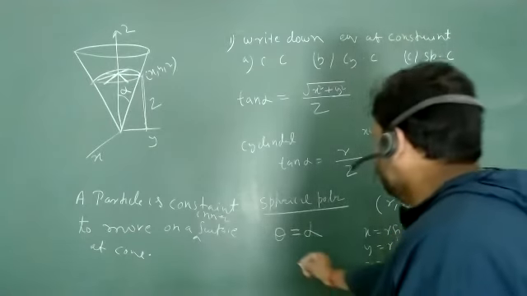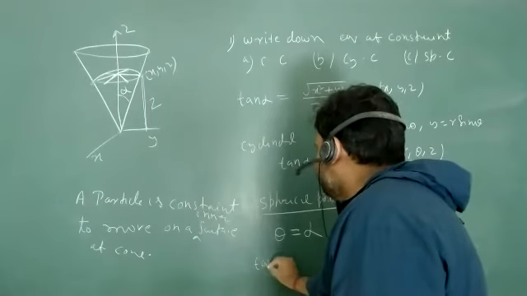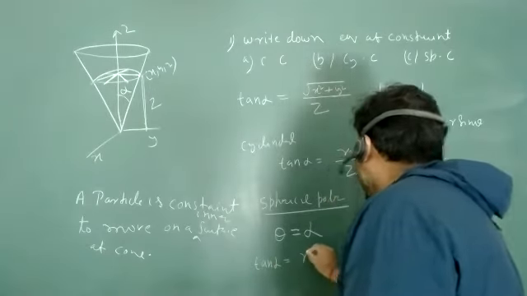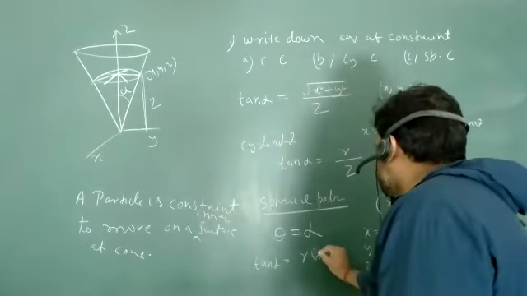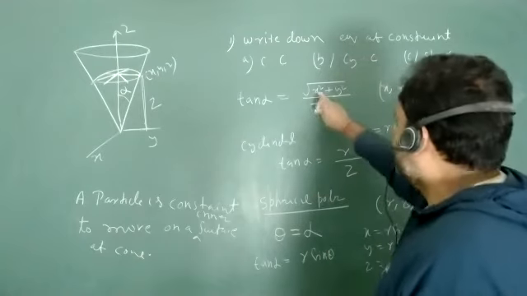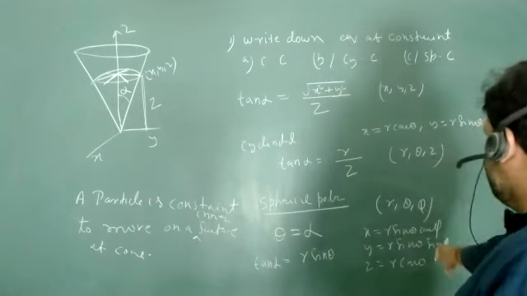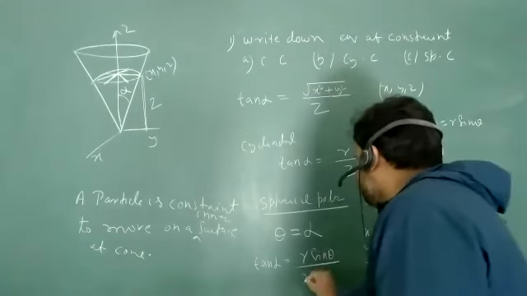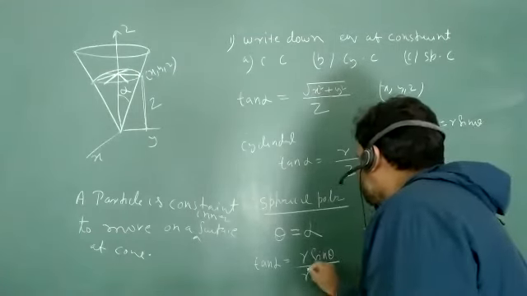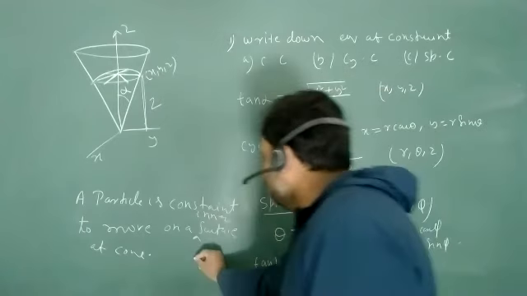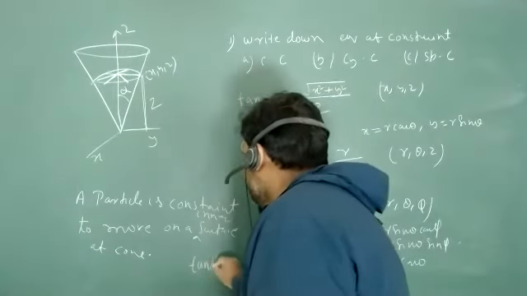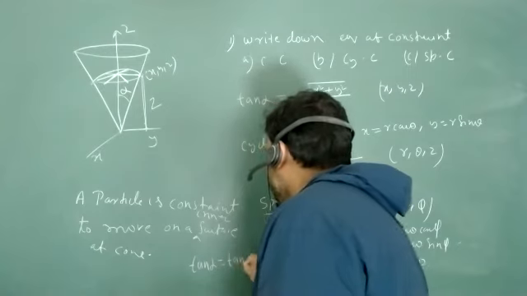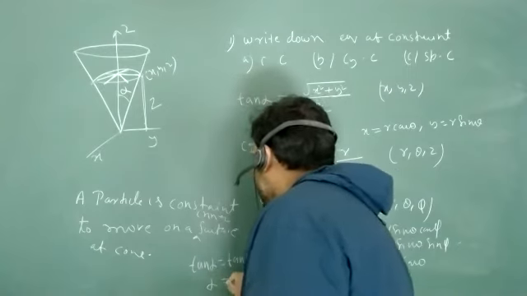So you have tan alpha is equal to R sin theta in the denominator, because x square plus y square, cos square phi plus sin square phi is 1, divided by R cos theta. Z is equal to R cos theta, and you have tan alpha is equal to tan theta. That means alpha is equal to theta.